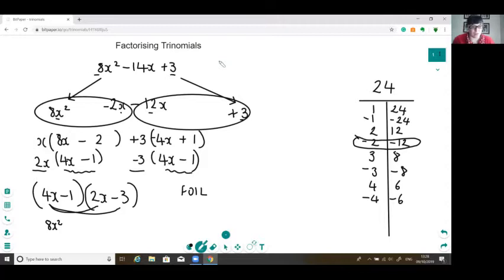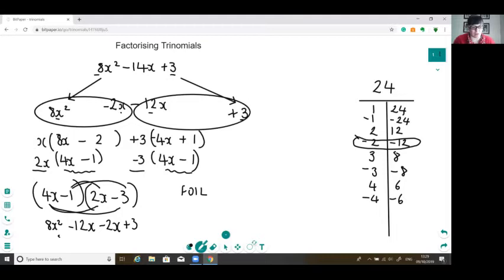So now I've got 4x times minus 3. That's going to give me minus 12x. And then the inside, I've got minus 1 times 2x is going to give me minus 2x. And then the last one, minus 1 times minus 3 is going to give me a positive 3.